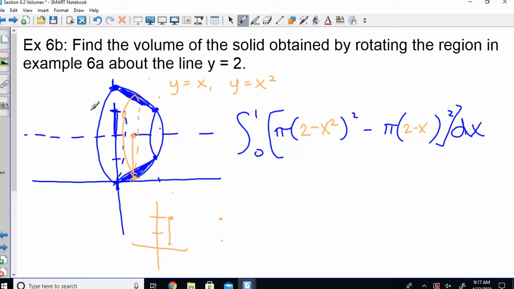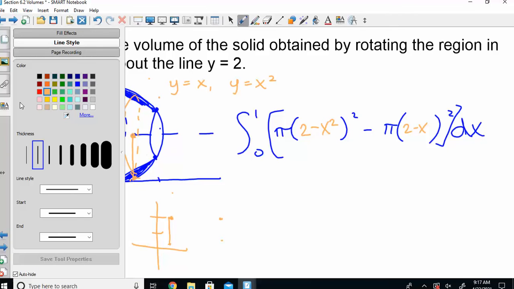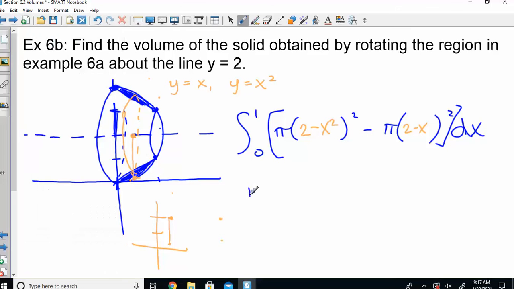Now this is integration like normal. So we can pull out our pi if you haven't already done so. I'm going to go ahead and FOIL. So that would give me a 4 minus 4x squared plus x to the 4th minus 4 minus 4x plus x squared.